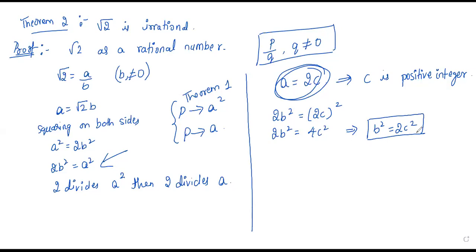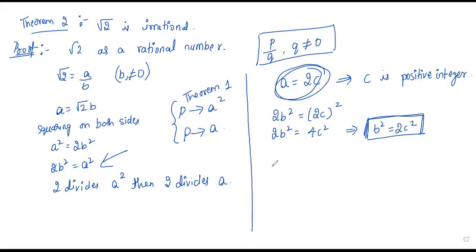Any doubts till here? Okay, we'll continue. B square is equal to 2C square means that 2 divides B square.